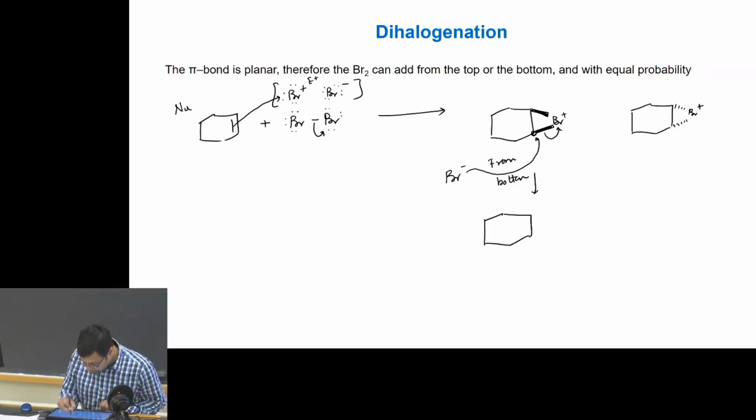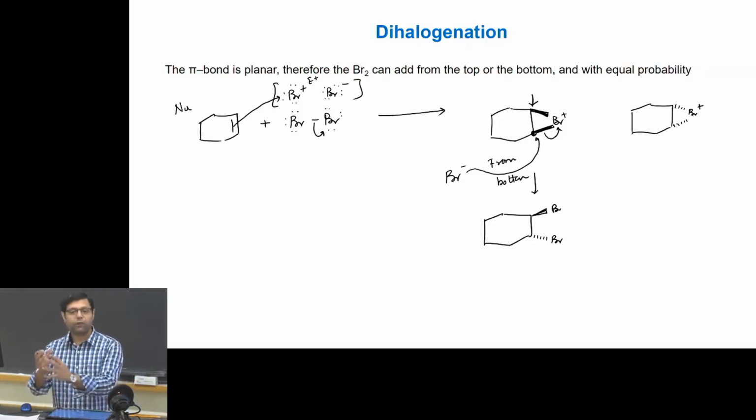Okay. So this site, the attack is not taking place. So that site will remain as it is, Br up there. The attack is taking place here from the bottom. So where the attack is taking place, there the bromine will be at the bottom, because there it is coming from the bottom. All right.